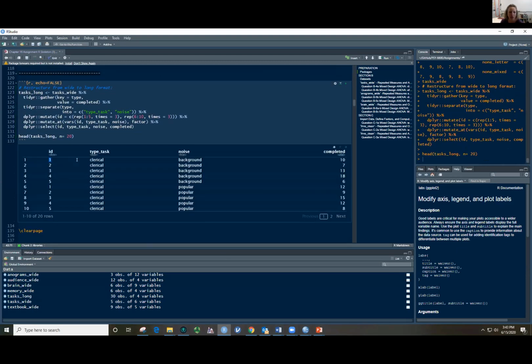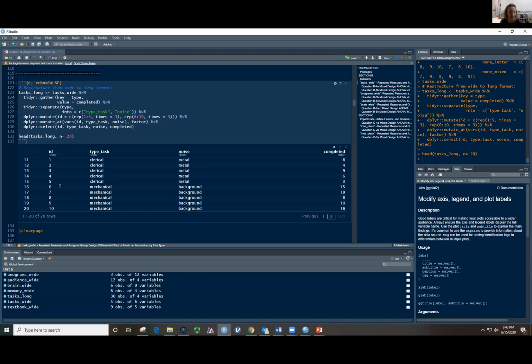So here's person number 1. They were assigned to do clerical tasks. So maybe they were addressing envelopes or filing folders into a file cabinet. Under background noise, they did 10 of these tasks. Person number 1, still doing clerical, under popular, maybe this is popular music, they got 12 tasks done.